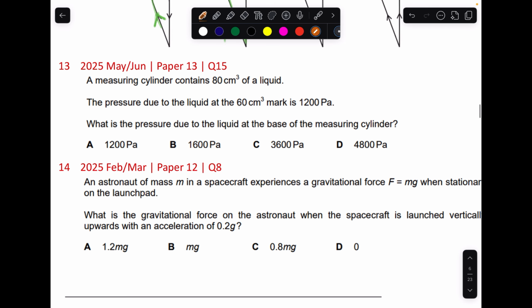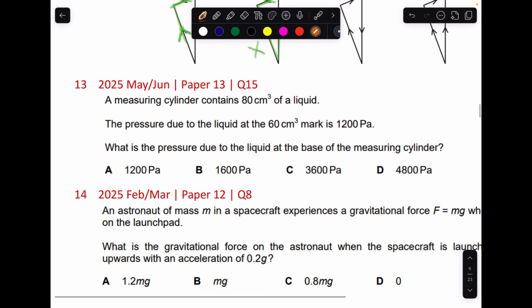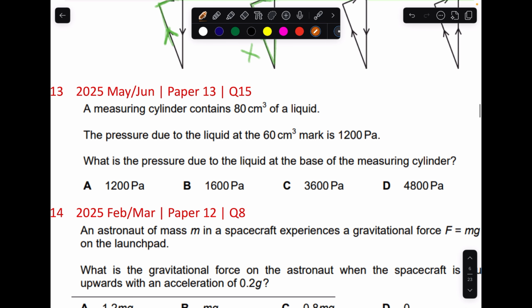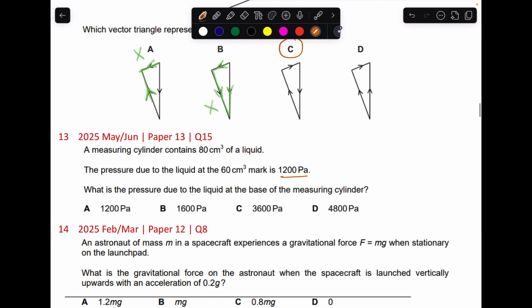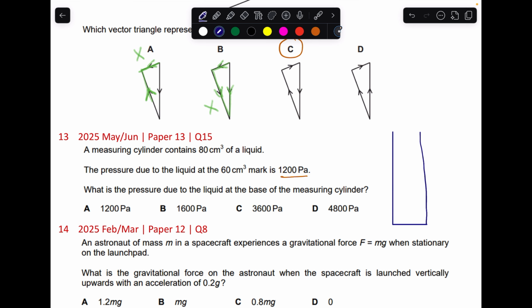In the next question, a measuring cylinder contains 80 centimeter cube of a liquid. The pressure due to the liquid at the 60 centimeter cube mark is 1200 Pascal. What is the pressure due to the liquid at the base of the measuring cylinder? Okay, so this is about the measuring cylinder. Let's first imagine it. There is some measuring cylinder and there is some liquid inside it.